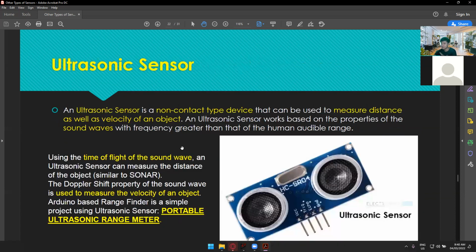This time it is via sound, or the time of flight of sound. You can also check the velocity of the object. I guess this is one big advantage of this sensor over the others, because it can measure the velocity of that object.